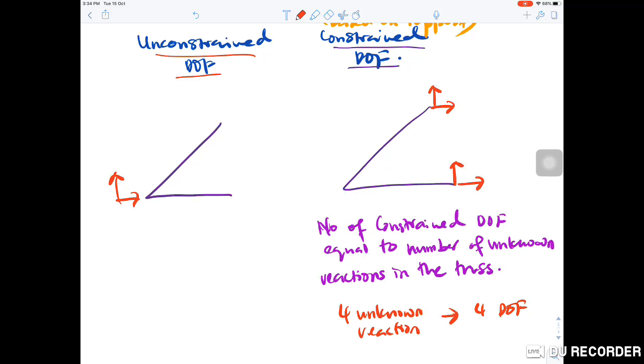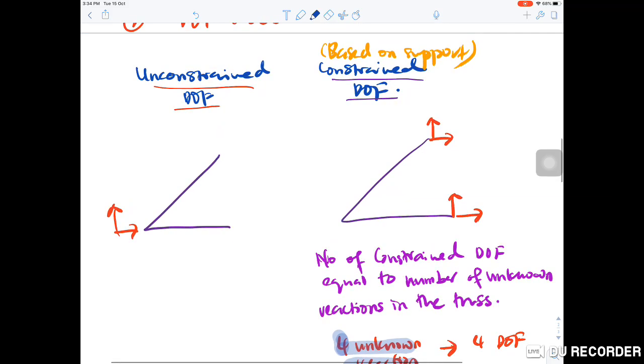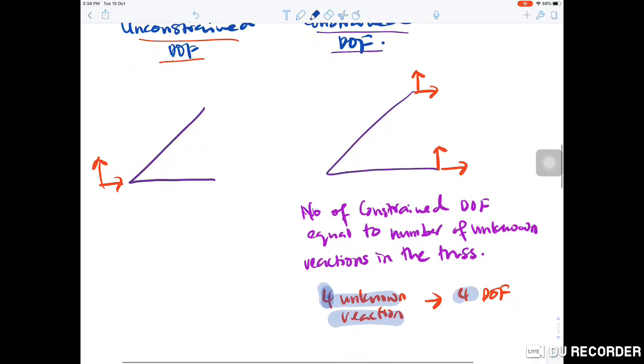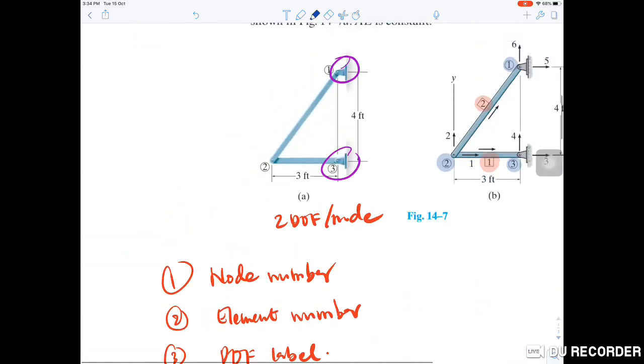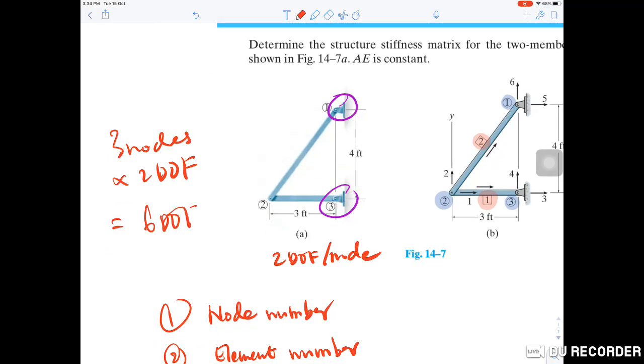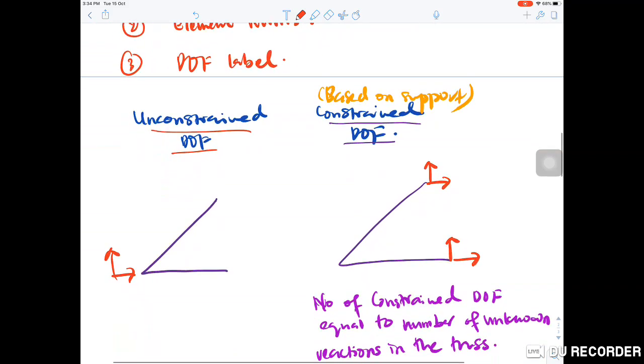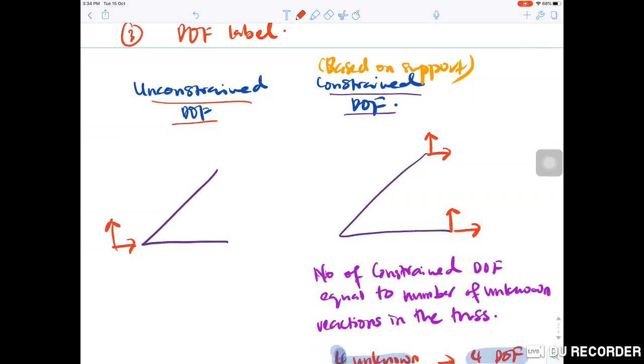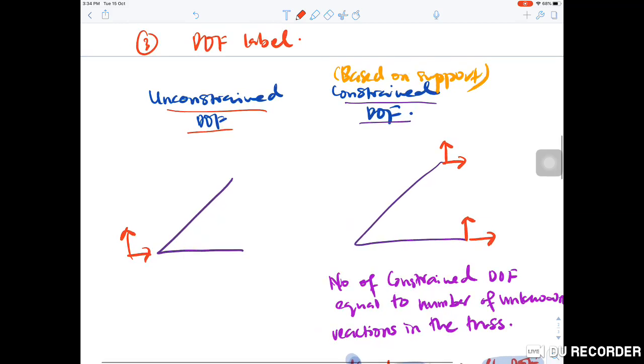By doing that, if we know that there are 4 unknown reactions, we know that in the constraint system there are 4 degrees of freedom. But since this has 3 nodes times 2 DOF, we get 6. So if 4 is located in the constraint system, we have the remaining 2, and the remaining 2 is located in the unconstrained system, at node number 2.